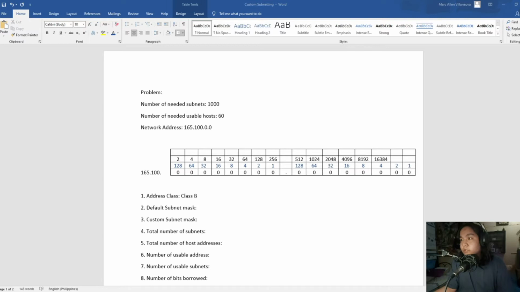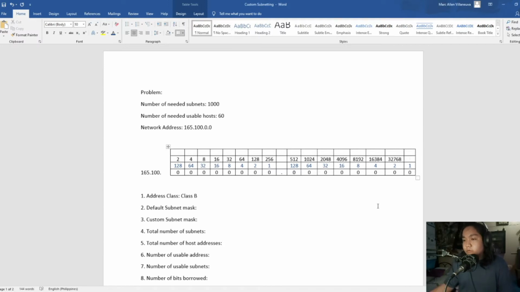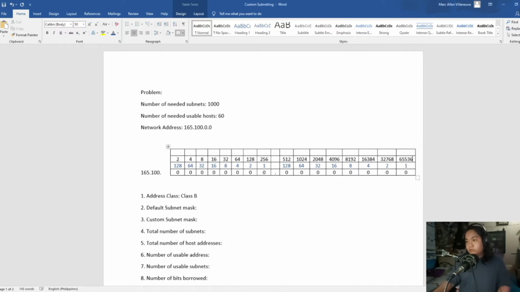So as you can see, it is really a long process, but it is not that hard. It just takes time to learn this. 32768, times 2 that again, 65536. So as you can see here, we already have our subnet.